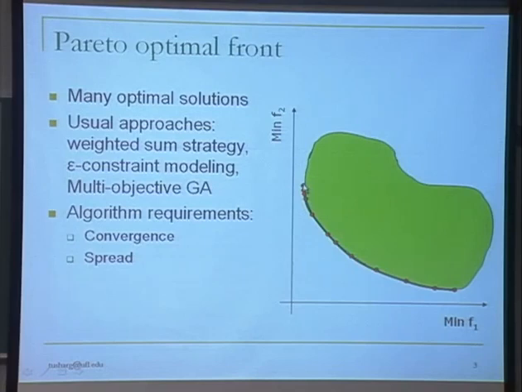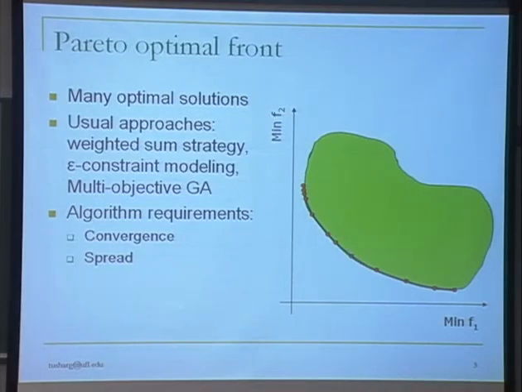If I consider this point and this point, I cannot say this one is better in f1, but it has a very high value of f2, whereas if I consider this point, it has a low value of f2, but a higher value of f1. So, we cannot clearly say that one is better than the other, it is a matter of choice.